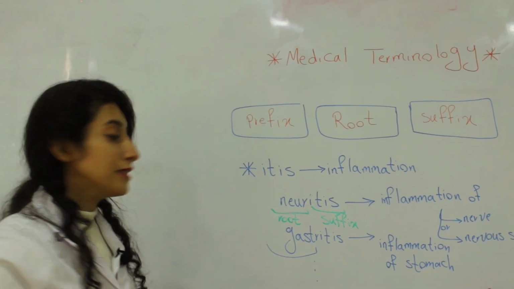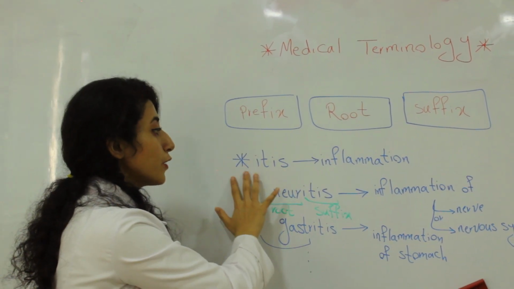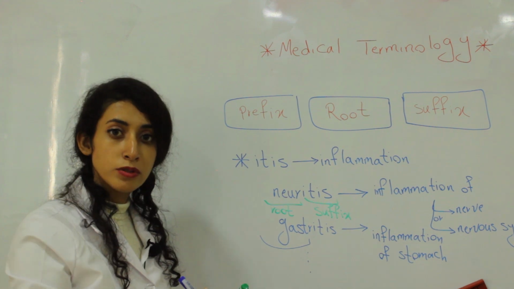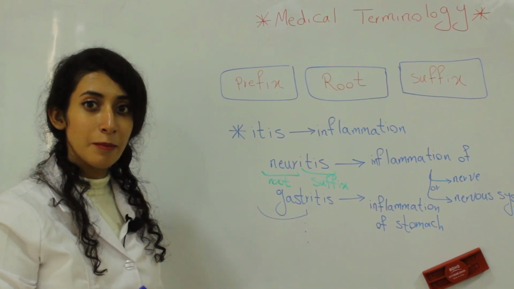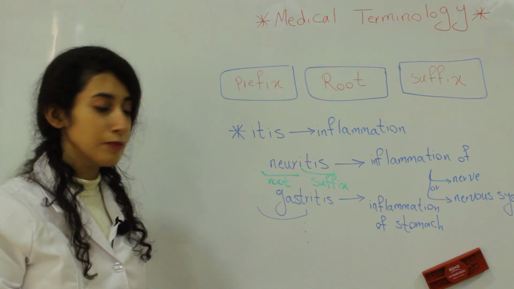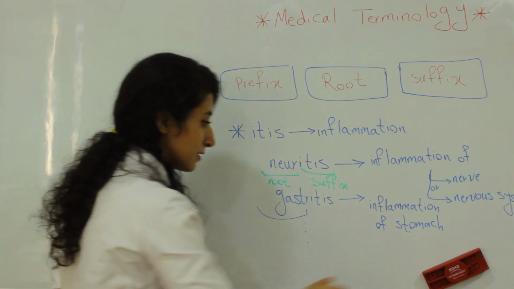Now we understand that if we add the suffix itis to any root, it changes the meaning of the root and it becomes the inflammation of that part of the body. So it makes it easier for us.